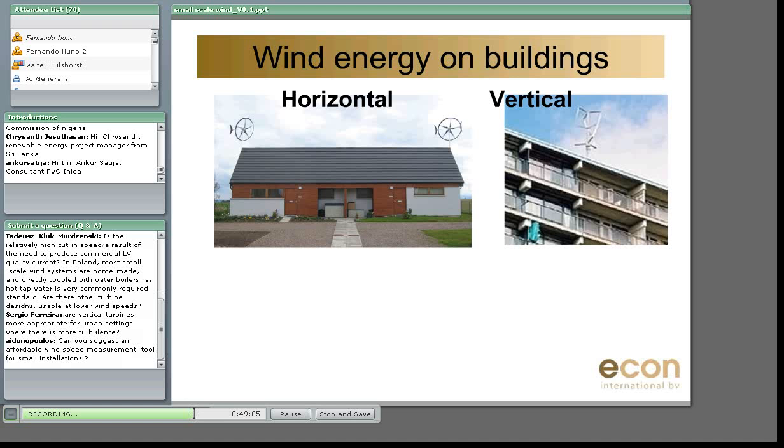Now the next question, from Aidonopoulos. Can you suggest an affordable wind speed measurement tool for small installations? Walter, if you have any information about this. Thank you, nice question. You can discuss what is affordable. As already mentioned before, you can buy, for instance, an installation which could measure your wind speed, and you can also hire one.